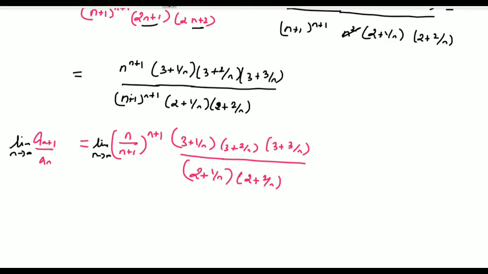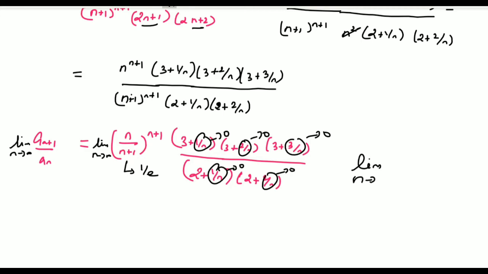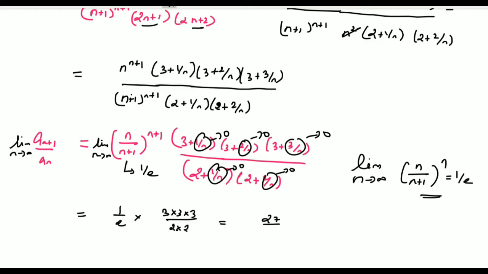Here each 1/n term tends to 0, and the power term tends to 1/e. We already know that the limit as n tends to infinity of (n/(n+1)) to the power n is equal to 1/e. Applying this limit, we get 1/e times (3·3·3) divided by (2·2), which is equal to 27/(4e). This is the limit as n tends to infinity of a_(n+1) divided by a_n.